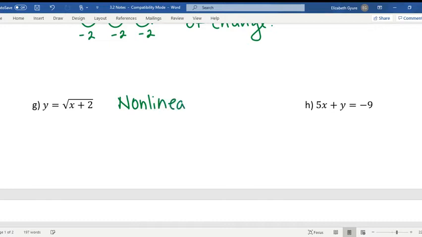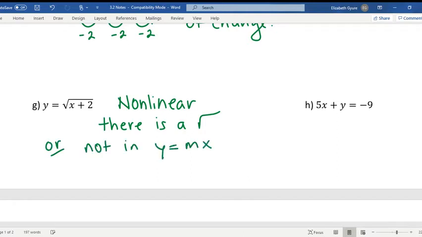And there are 2 reasons I would accept. You could either say it's not in y equals mx plus b form, or you could say there is a square root, okay? Or if you prefer, say not in y equals mx plus b form. Those are both good explanations.